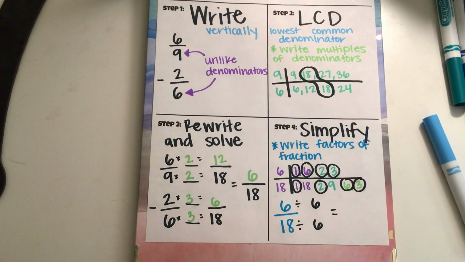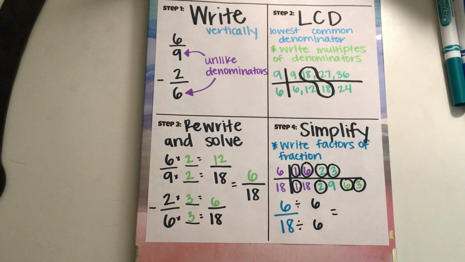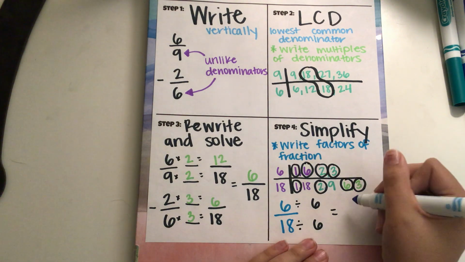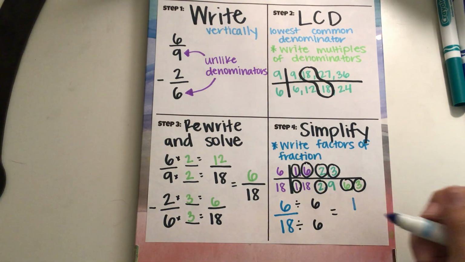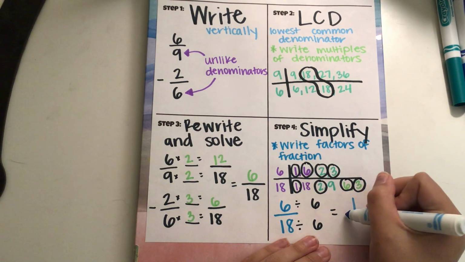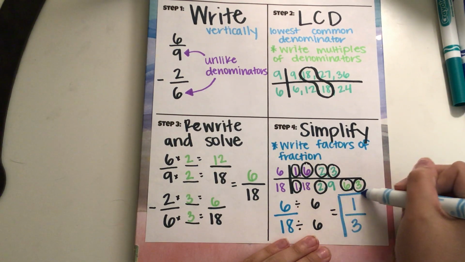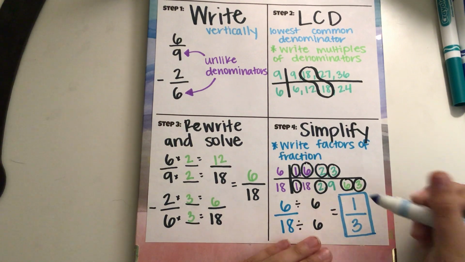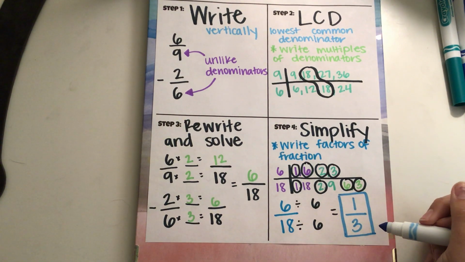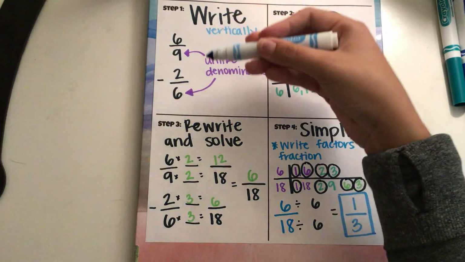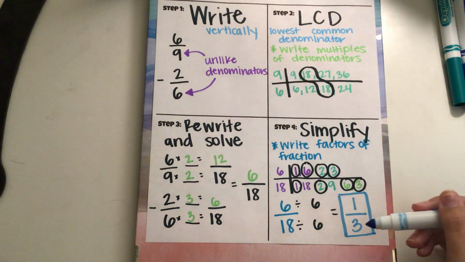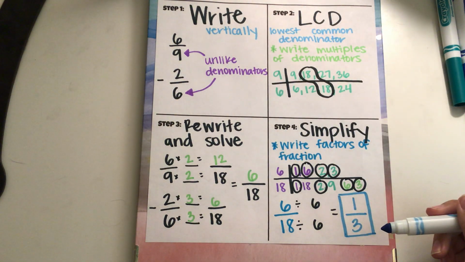And I get for my answer, when I do 6 divided by 6, I get 1. And when I do 18 divided by 6, I get 3. So my most simplified answer is 1/3. So 6/9 minus 2/6 equals 1/3.